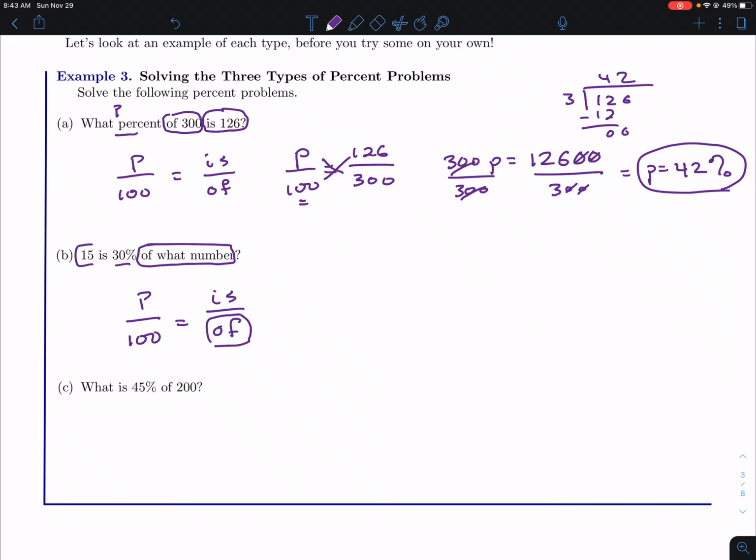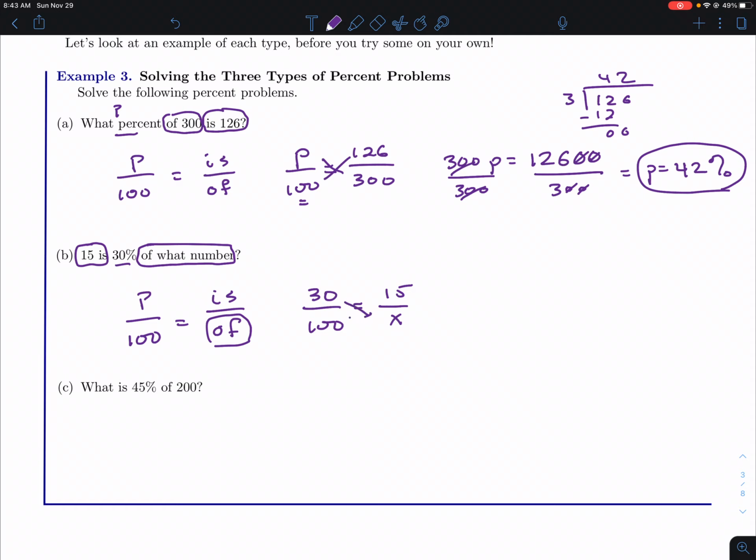And then 15 is going to be our top number. So 30% of what number is going to be 30 over 100. Again, we don't have to convert this into a percent because we're writing it as a fraction. Is, and then our x is our unknown in this case.